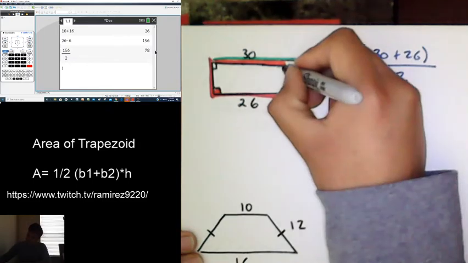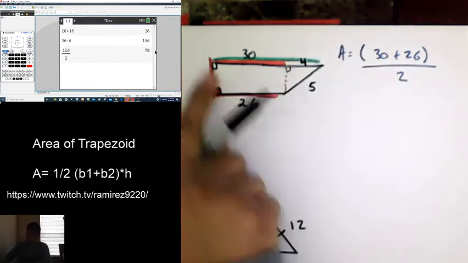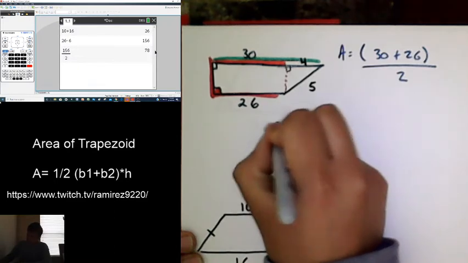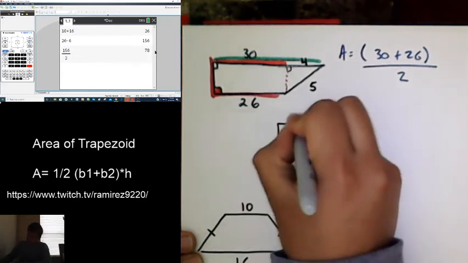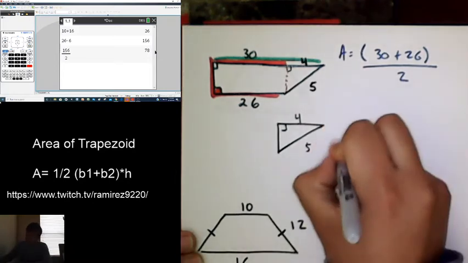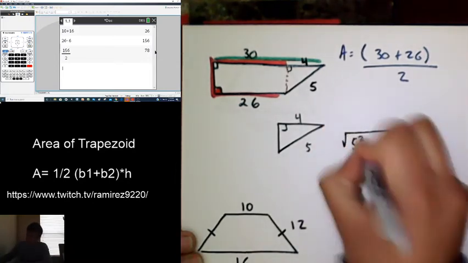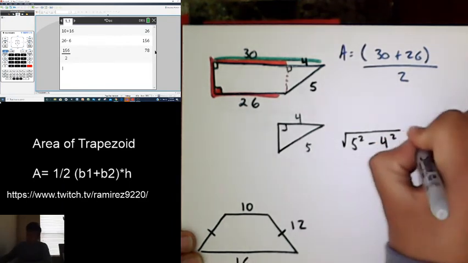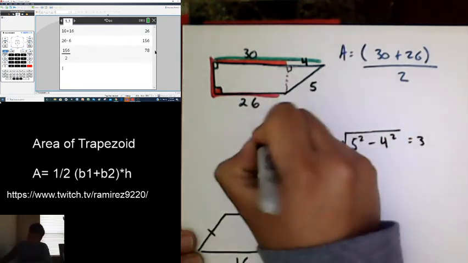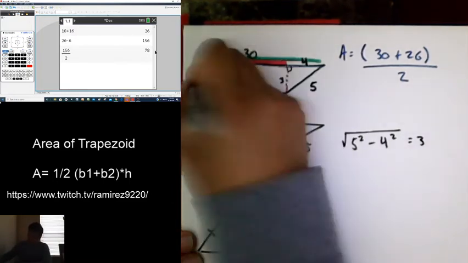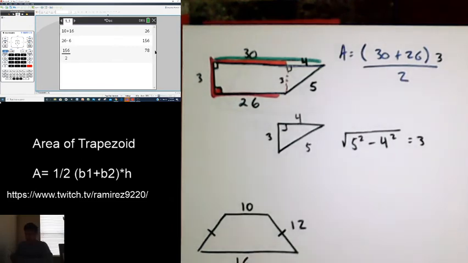This imaginary line that I just drew, it's parallel to my height, and it's going to be the same thing. So I'm going to work with this right triangle. I know this is 4, I know this is 5. Pythagorean theorem. 5 squared minus 4 squared. And that's going to give me 3 in this case. So this is 3, which means this is 3. This is what goes up here.